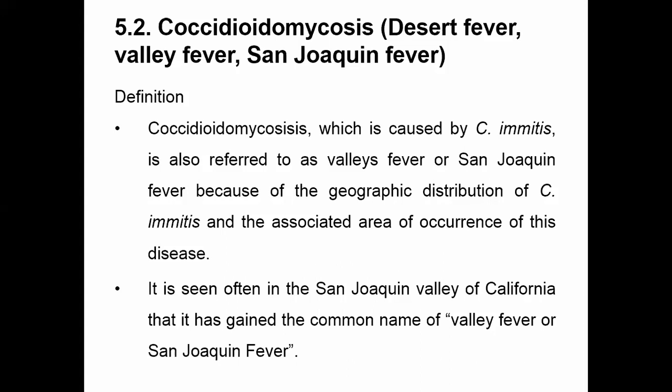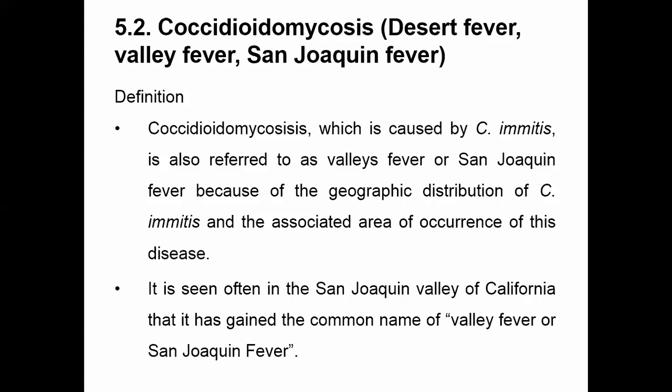The synonyms of coccidioidomycosis, in layman's language, are desert fever, valley fever, and San Joaquin fever. The causative agent of coccidioidomycosis is Coccidioides immitis, and because it is found mostly in a geographical distribution related to nearby valleys, it is known as valley fever, San Joaquin fever or desert fever.